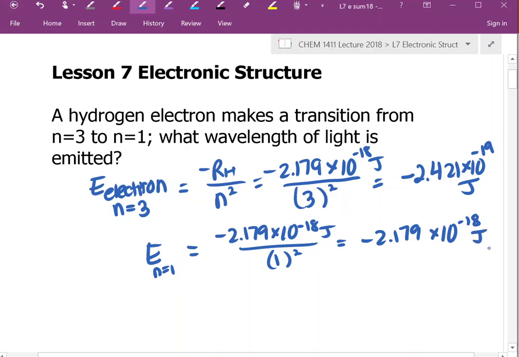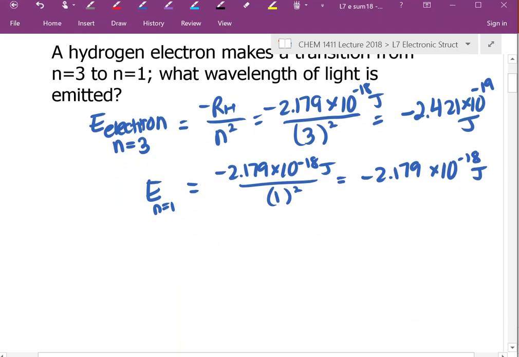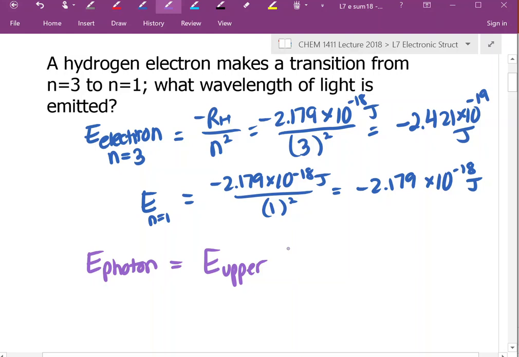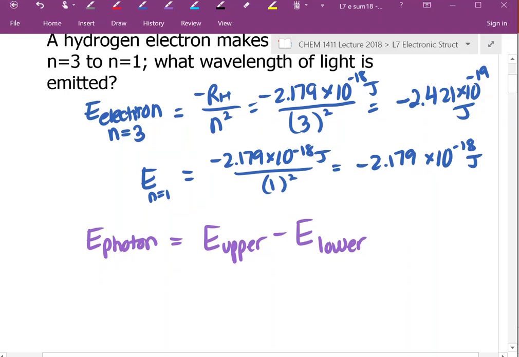Okay, and then we have our next part where we're going to see the energy of the photon released. So the energy of the photon is equal to the energy of an electron in the upper minus the energy of an electron in the lower. Again, this seems kind of backwards because it's initial minus final, but that's because we're talking about the energy of the photon and not the energy of electron. And so it's reversed.